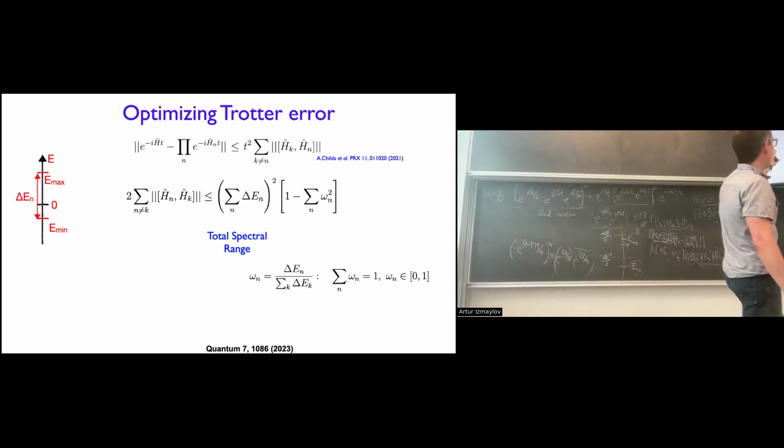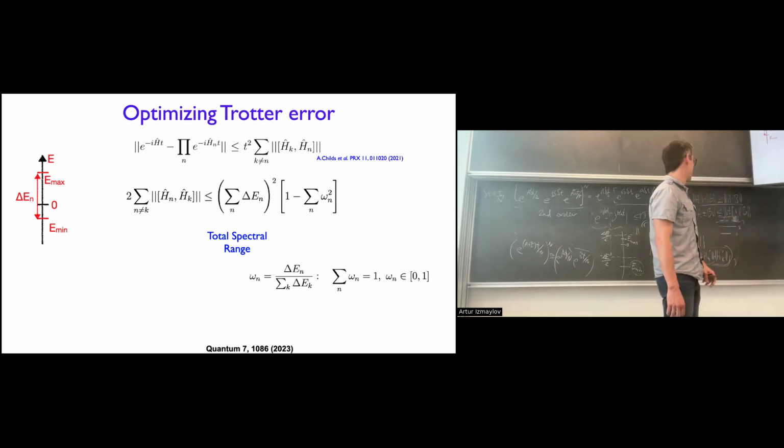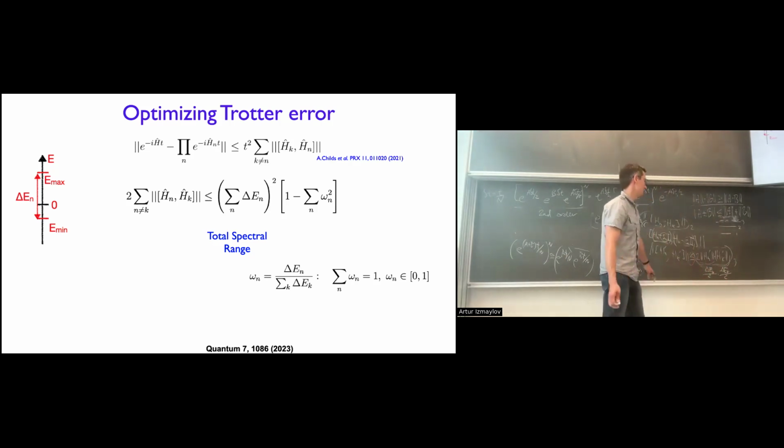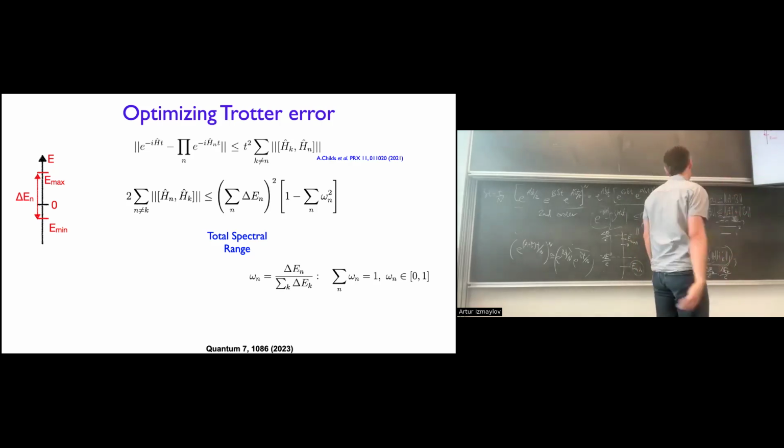And then once you do that, with a little bit more algebra, you could decompose this expression with the optimal shift. Optimal shift essentially makes this norm delta E n divided by 2, and this delta E k divided by 2. So that's essentially what you get, and it's a mixed product, right? It's a product of n times k, where n and k are different, and you sum over that.